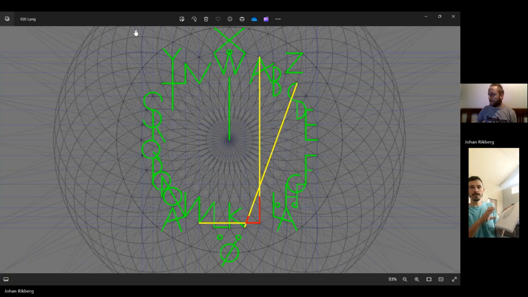Even in my second drawing, it's connected to... Can you see it? It's going to the top of the E, of the A, the ek.